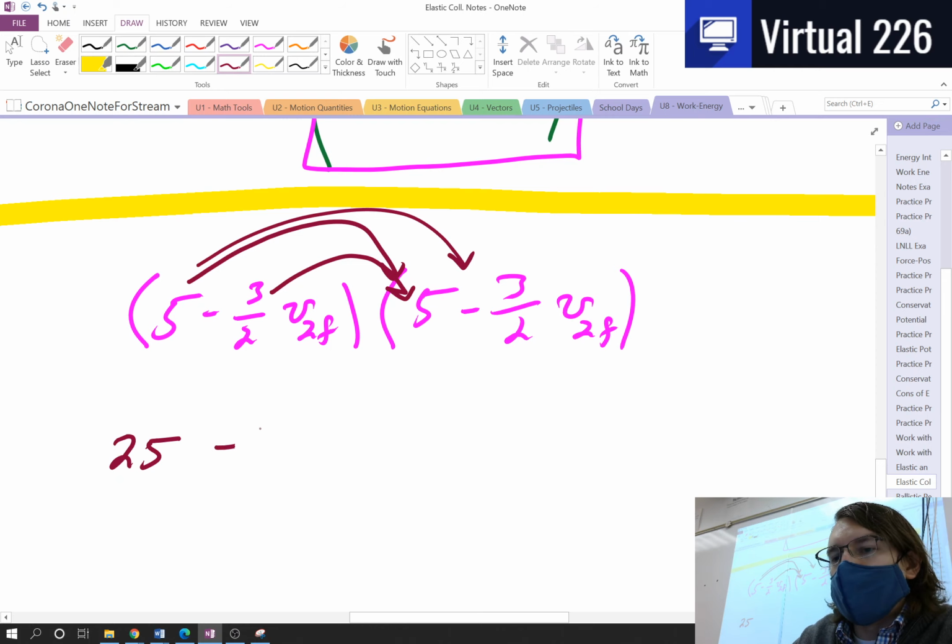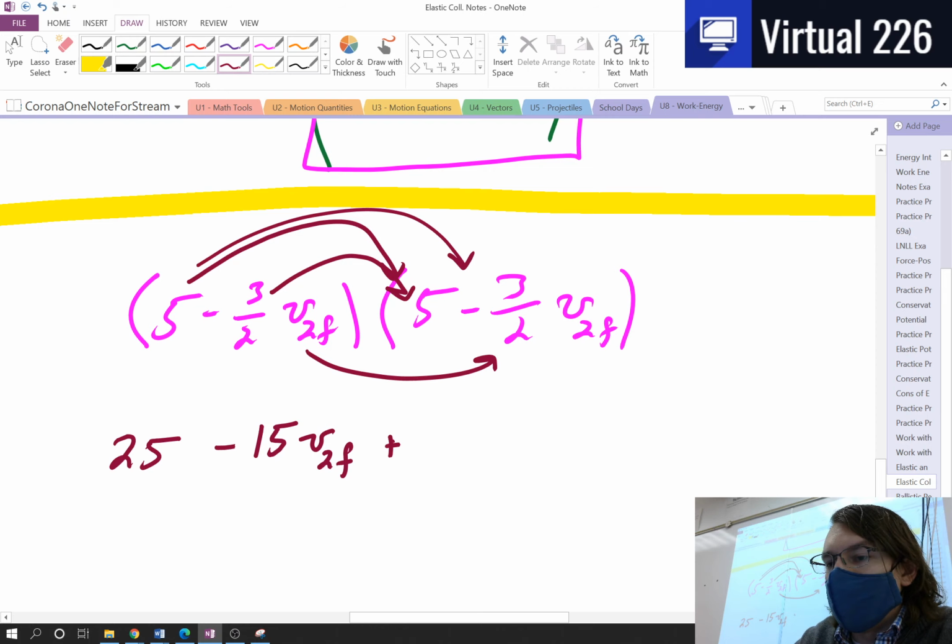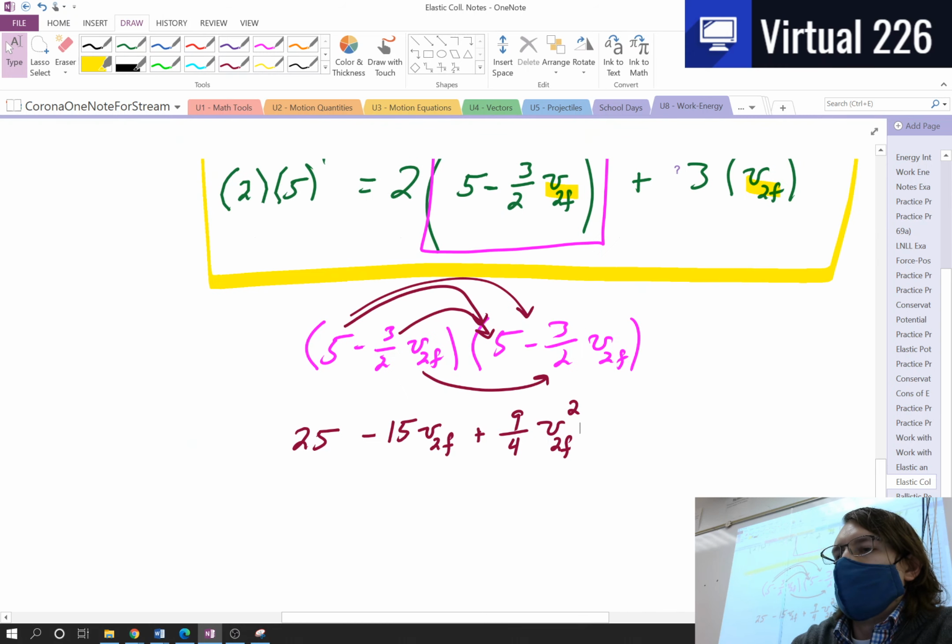So we're going to get minus 15 v2f. And then when we do our last, the negative 3 halves and the negative 3 halves, when they multiply together, we're going to get a positive. Negative times a negative is a positive. 3 times 3 is 9. 2 times 2 is 4. And v2f times v2f is v2f squared. Whew.